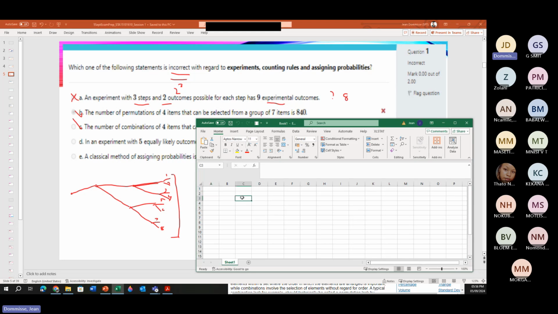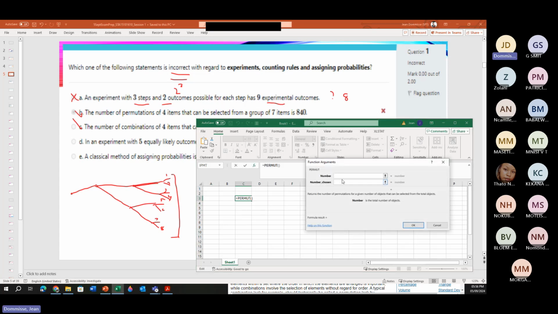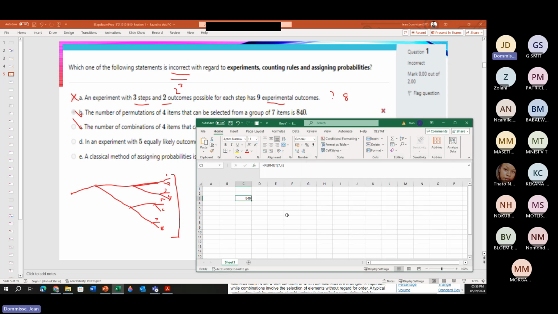But there you have a permutation. So let's quickly check if we can get that, and if it is the same one.